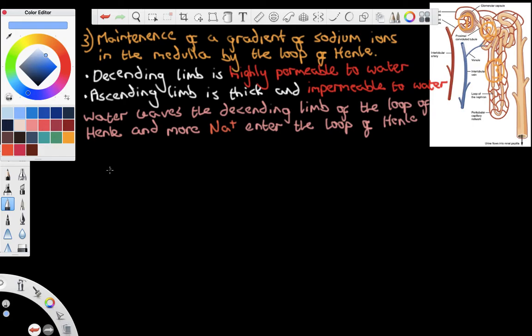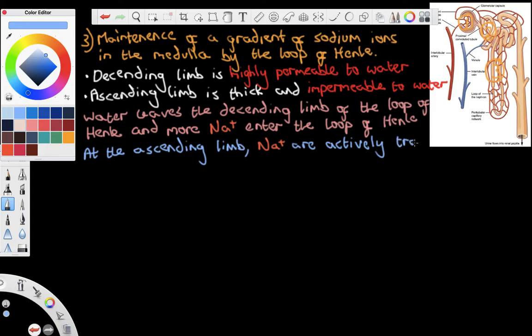So we can say, at the ascending limb, sodium ions, Na+, are actively transported out of the loop of Henle but water cannot pass.